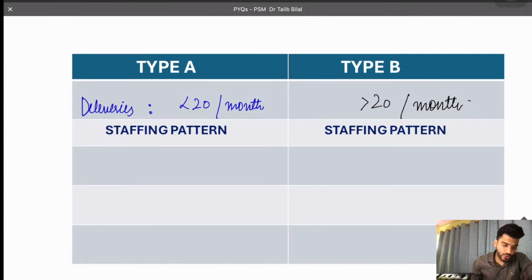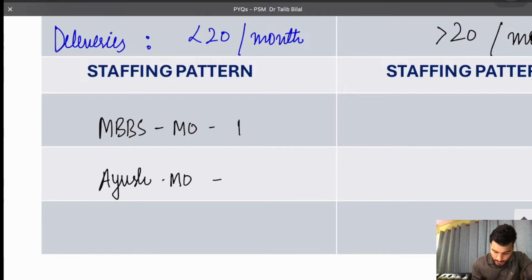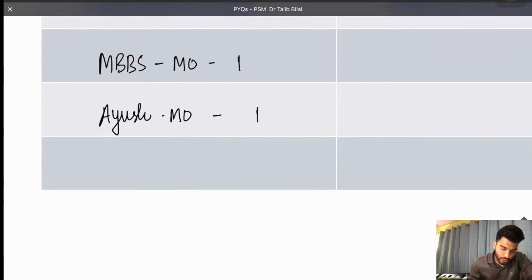If I talk about the staffing pattern, there will be one MBBS medical officer, and one Ayush medical officer, and total staff will be around 13 to 18.